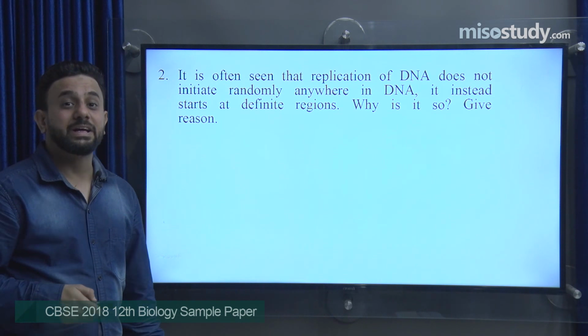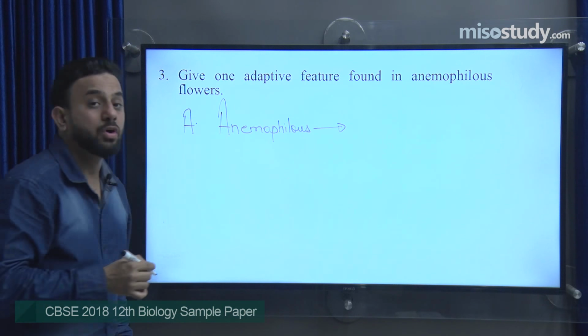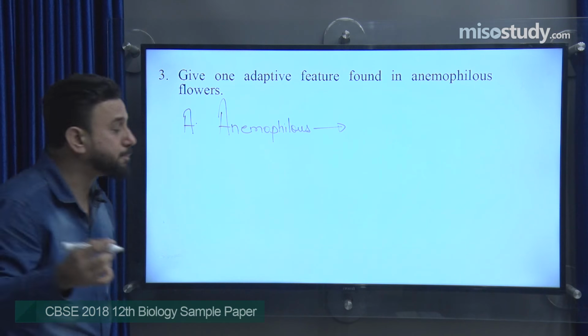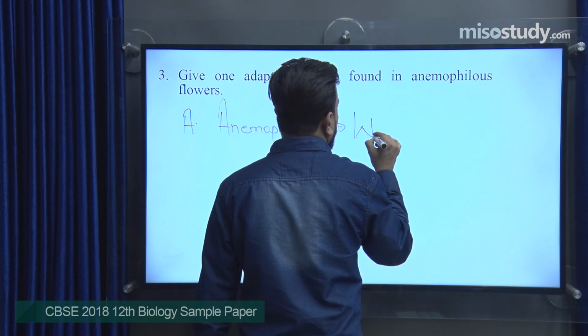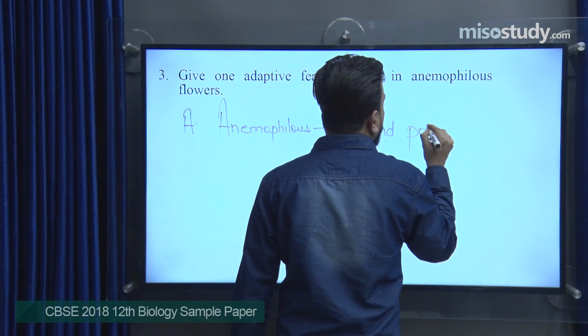Amniocentesis flowers, first of all, are wind pollinated flowers. That means the wind is playing a very major role in the pollination of these flowers. And what is pollination?